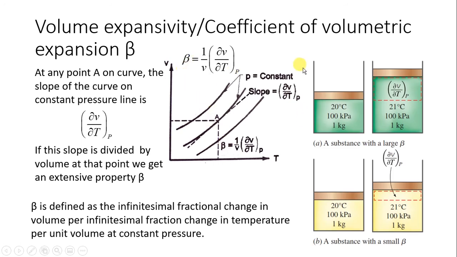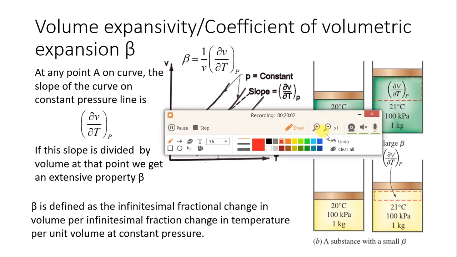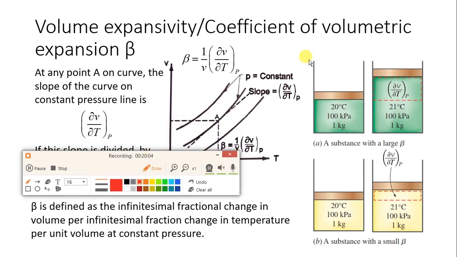Now understand the meaning of this beta. So you can see this figure A. Here a cylinder and piston is shown. Inside this, gas is there whose pressure is 100 kilopascal, mass is 1 kg, and temperature is 20 degrees Celsius. Now this is a closed system, so mass is not transferring, so mass will remain the same.